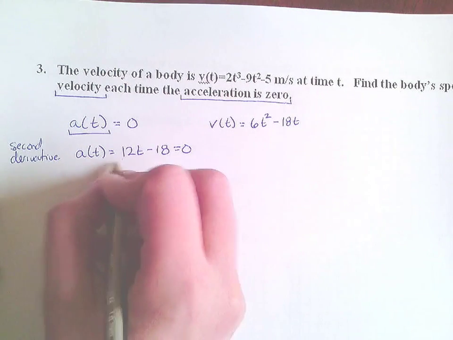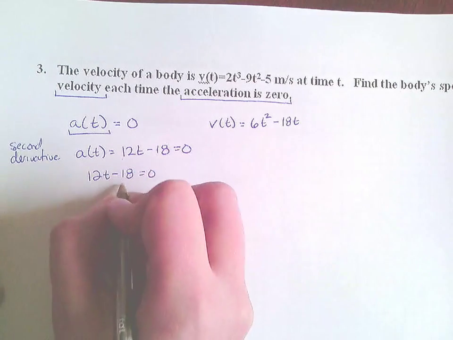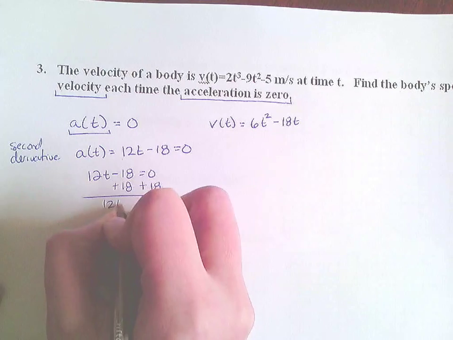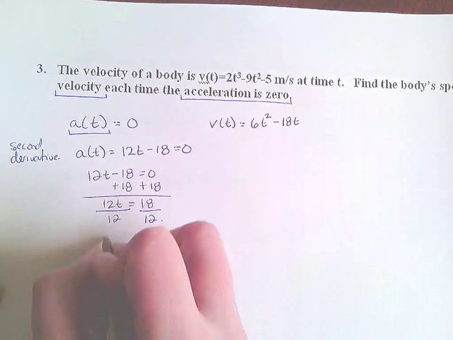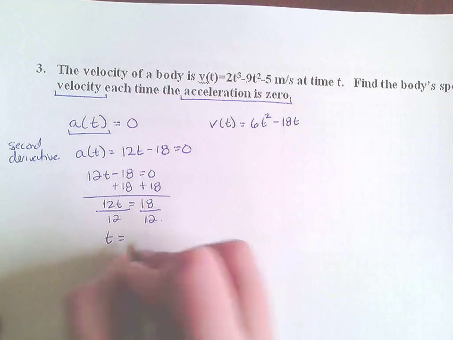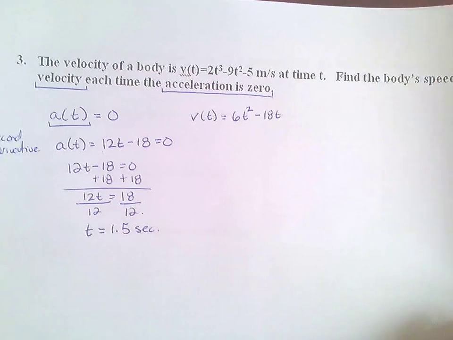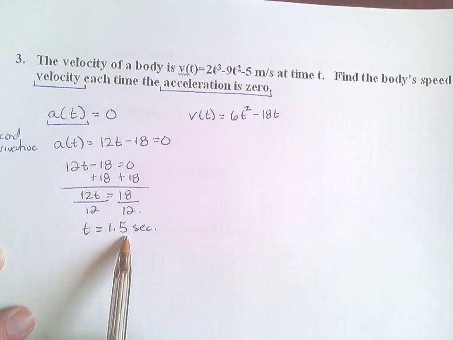And the question is when is acceleration 0? So the first thing I have to do is solve 12t minus 18 equals 0. We add 18, divide by 12. So t equals 1.5 seconds. So acceleration is 0 at 1.5 seconds.